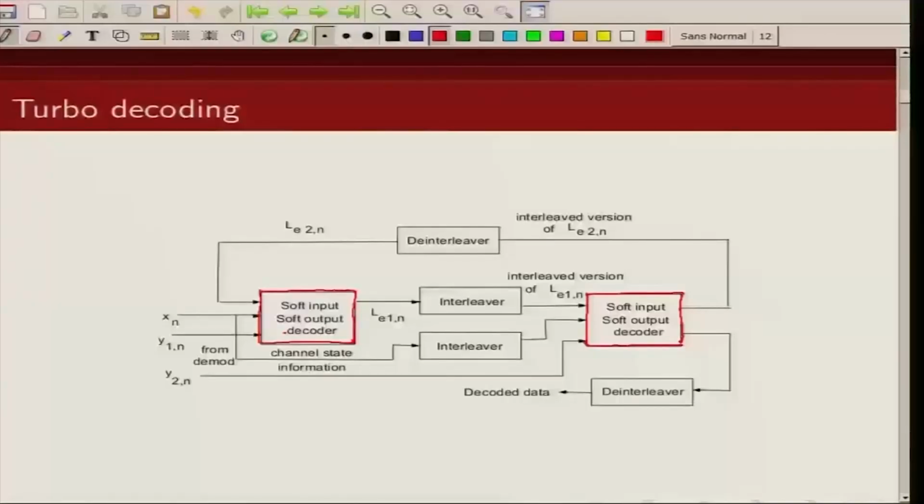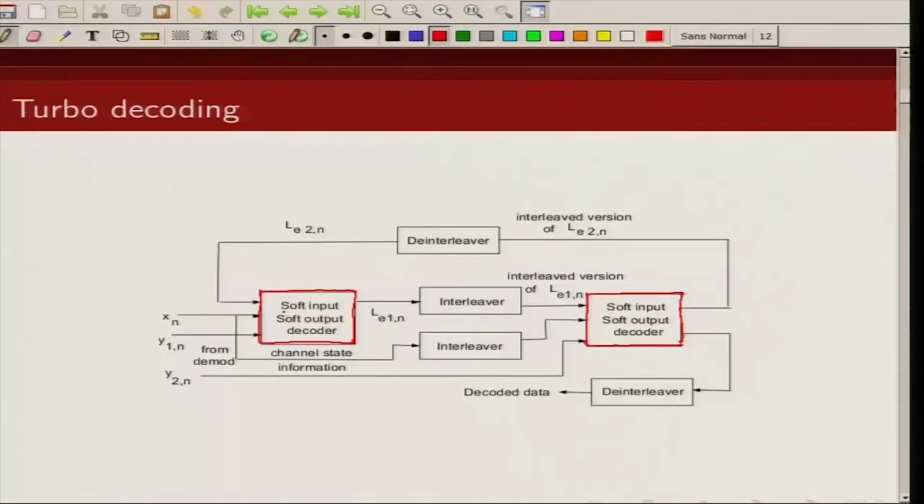The output is also soft. What do we mean by soft output? The decoder will output not only the decision about whether it thinks the bit is 1 or 0, but it will also give us some information about with what probability it thinks the bit is 0 or 1.